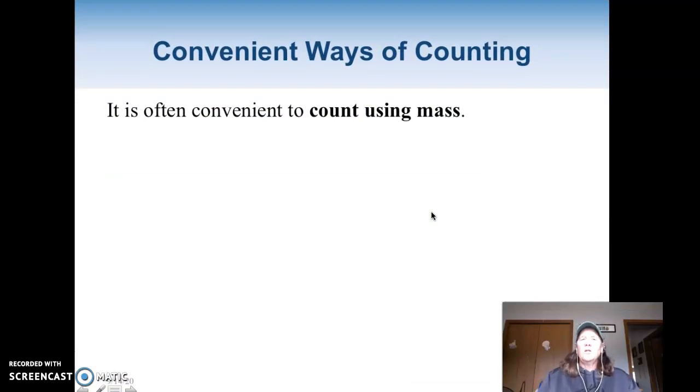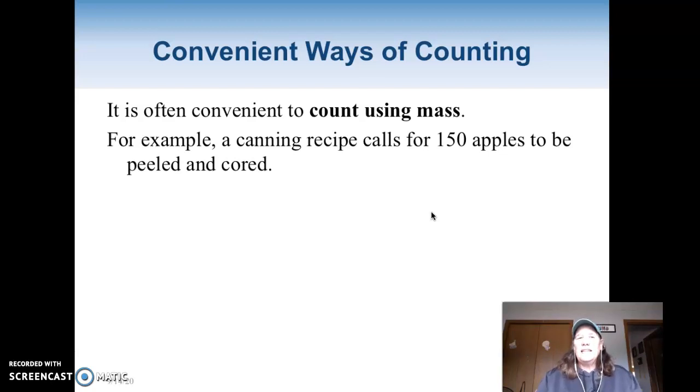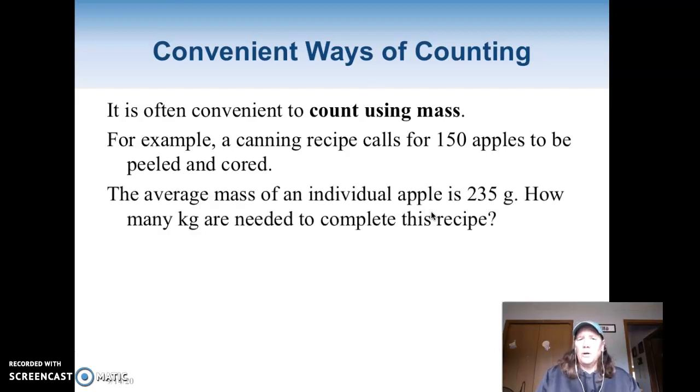Okay. So another thing we have to do when we're talking about units of measuring in chemistry: they made it convenient to count by mass because, like I said, you can't weigh out just an atom. They're just too small. We don't have any kind of scale that would do that. So what they did here, they're talking about a canning recipe, and you need 150 apples to be prepared, peeled, and cored.